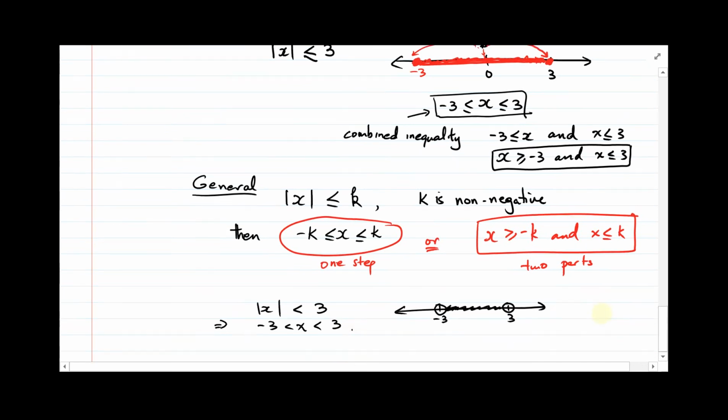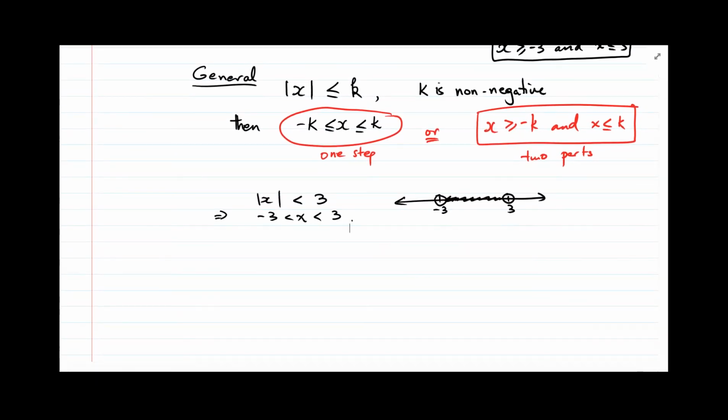Okay. Let's continue again with some more inequality. Taking the same thing, absolute value of x, but this time it's greater than 3, or greater than or equal to 3. Let's do that one first.